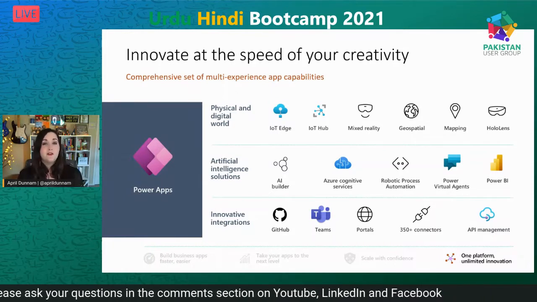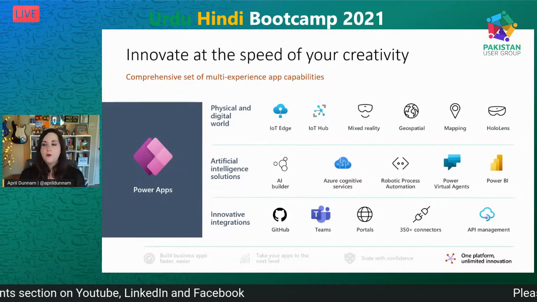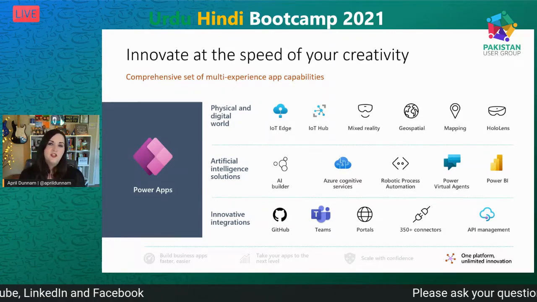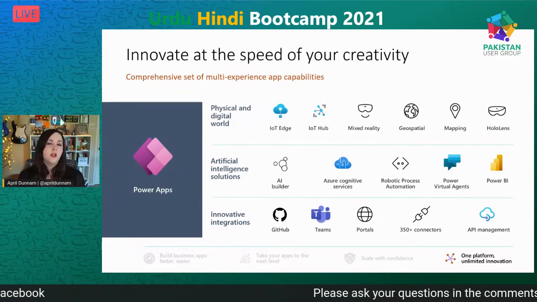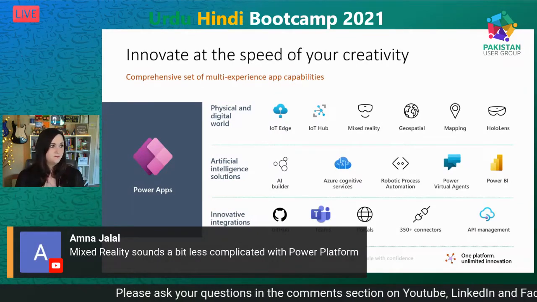And of course, integrating with the other Power Platform products themselves, like Power BI for reporting and analytics, Power Virtual Agents for chatbots, and even robotic process automation, which is something that Power Automate offers.